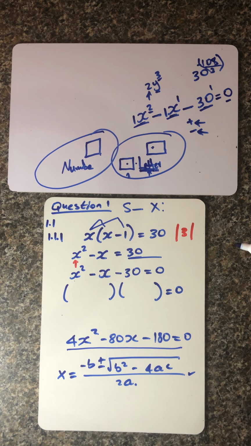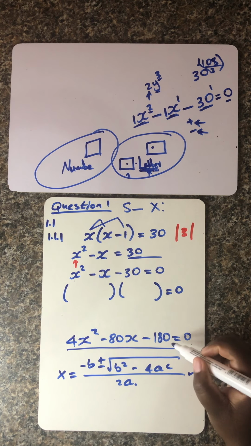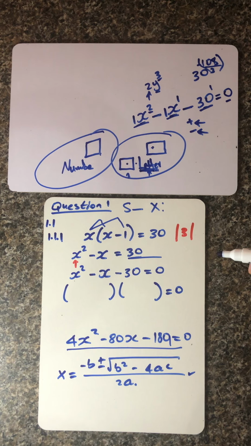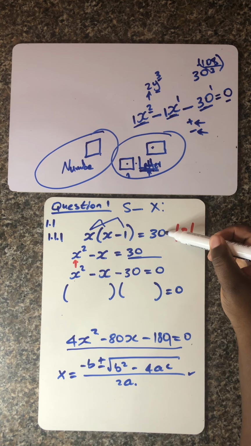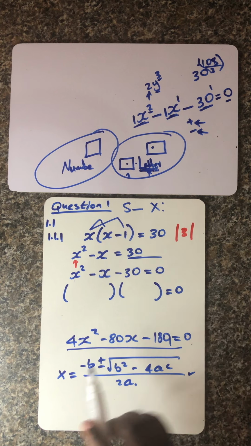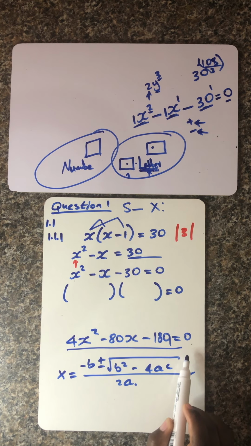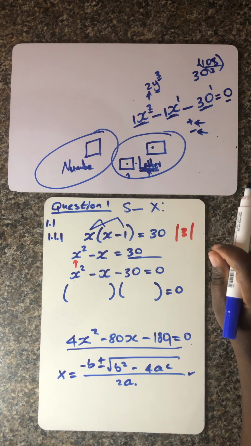Okay, so guys, I noticed that some of the other times, let's say it's 189, you might find that you made a mistake somewhere in between the equation and when you were simplifying until you get to this point. You might find that you made a mistake which you didn't notice.